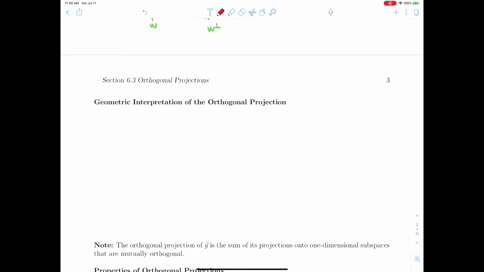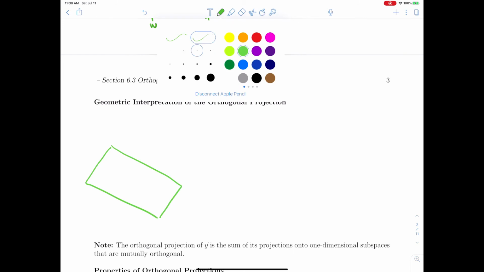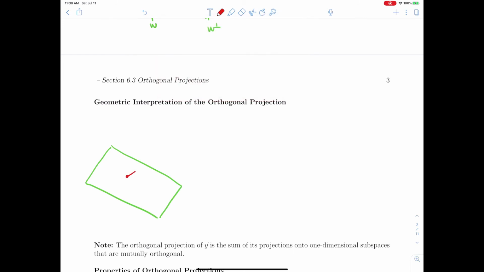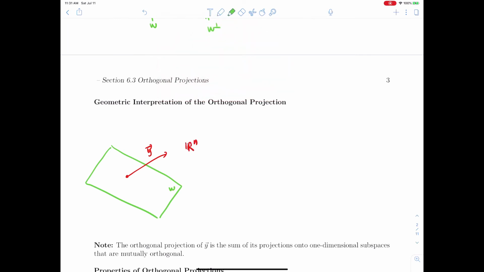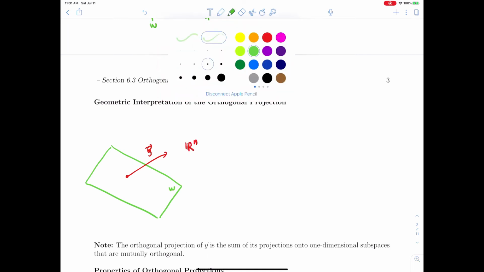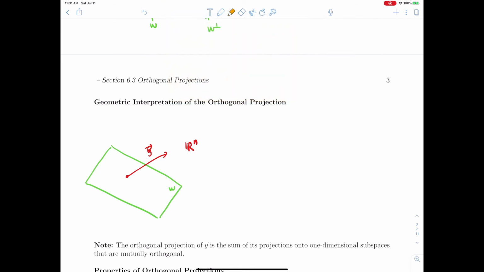So geometrically, what we are doing is, if you have W over here, and if you have the vector y that belongs to Rn, so the plane is W and the whole space is Rn, then we have the orthogonal complement W perp in this way.